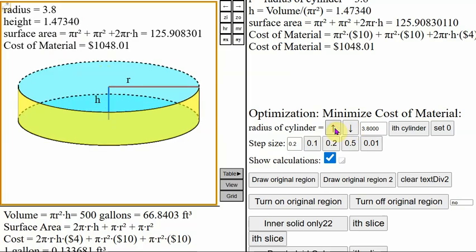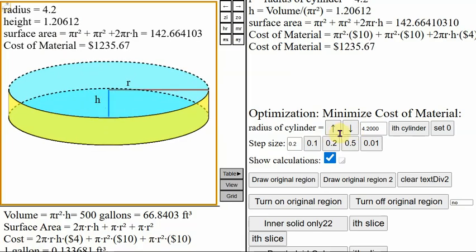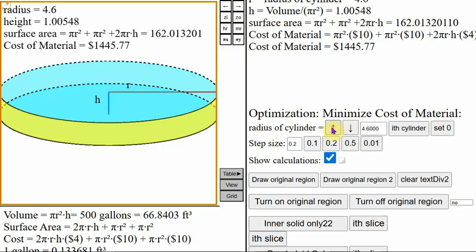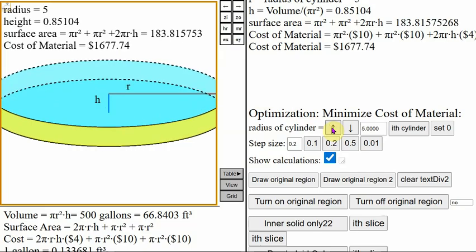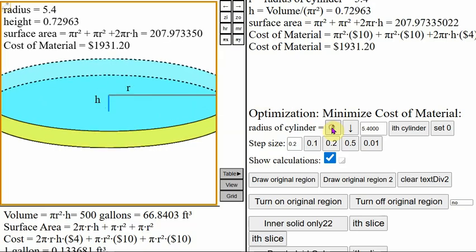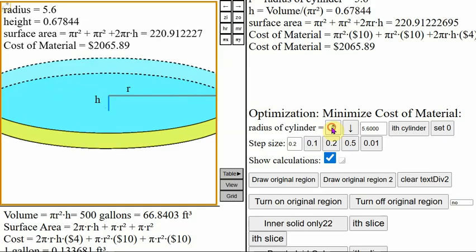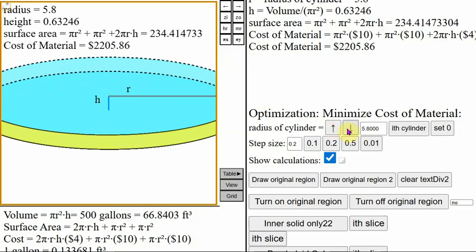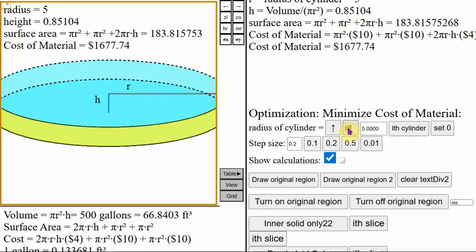Now let's increase the radius. We can see that if we increase the radius, the cost of material is going to increase. What we're looking for is a minimized cost, the smallest cost possible. So let's go the other way.